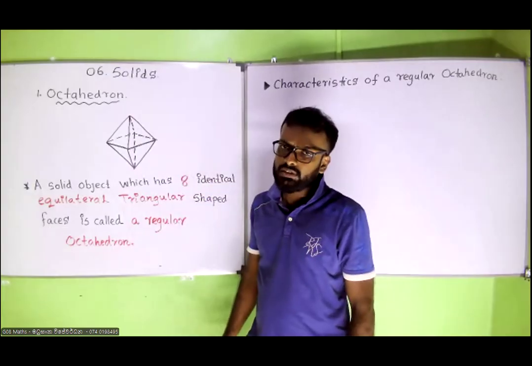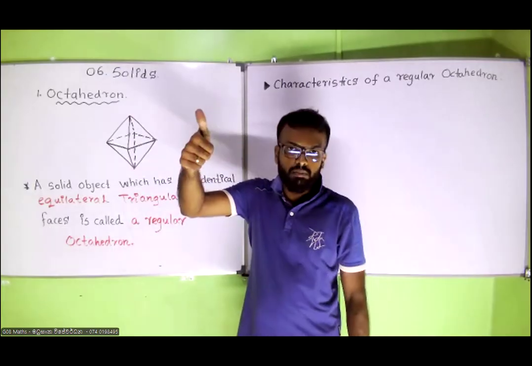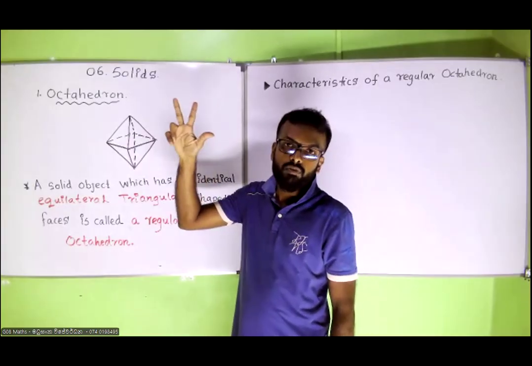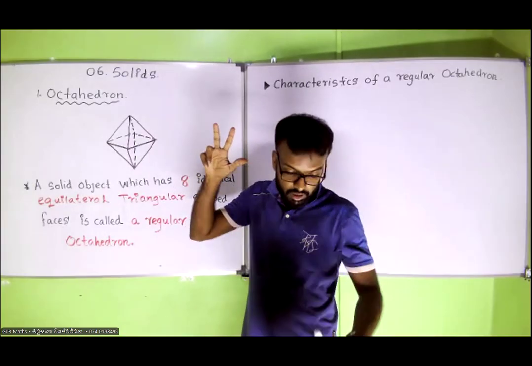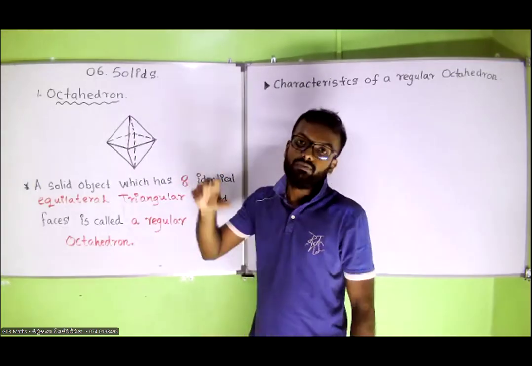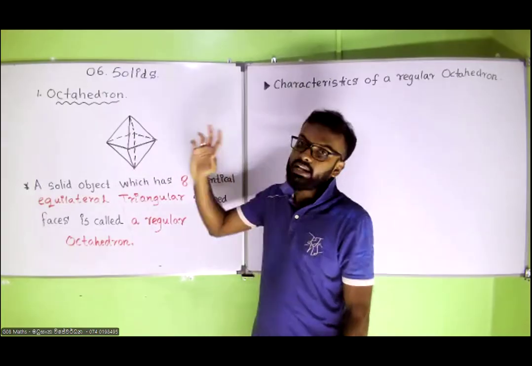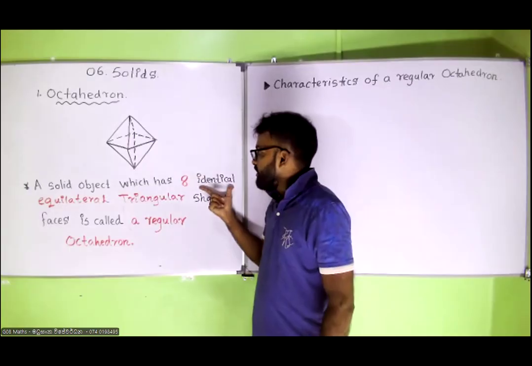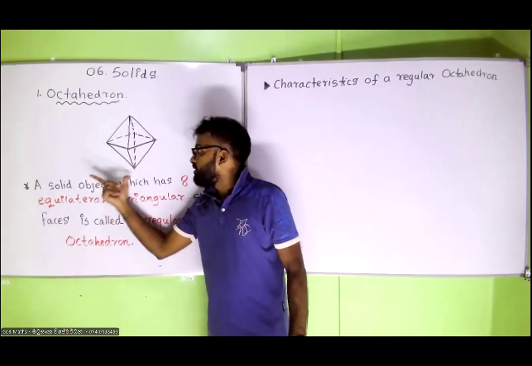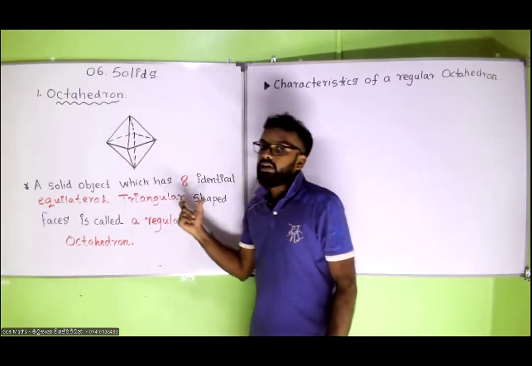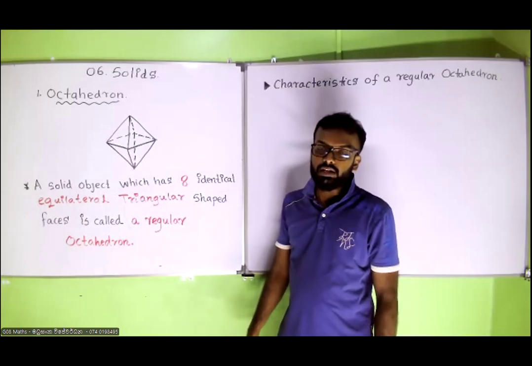The first is number of faces, then number of vertices, and number of edges. You need to know them. And the other specialty is the shape of a face, which is equilateral triangular. So that is the fourth one.